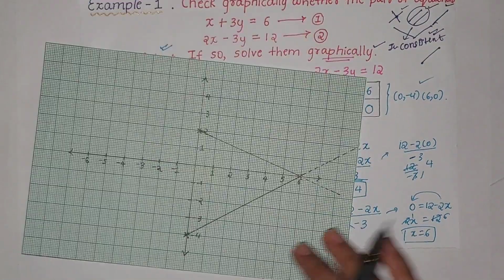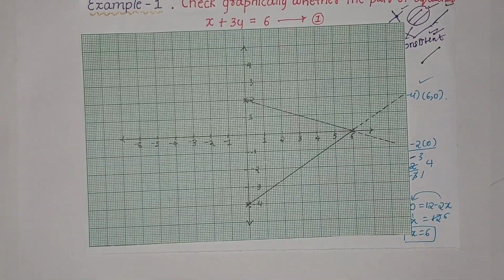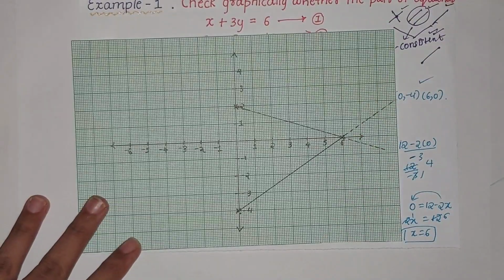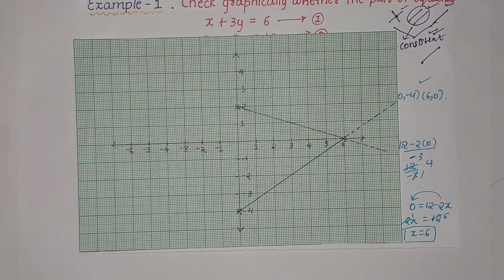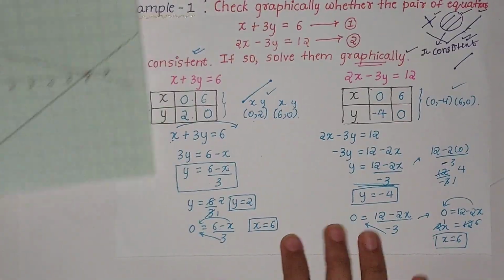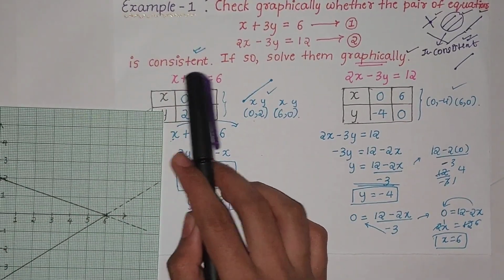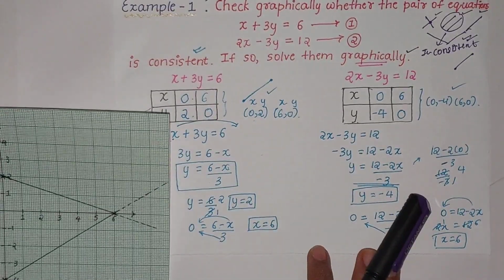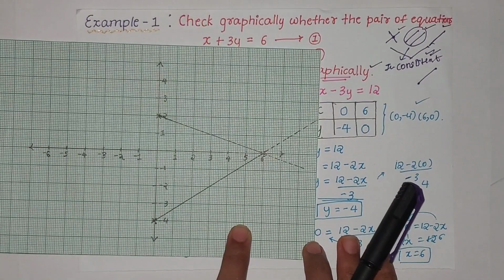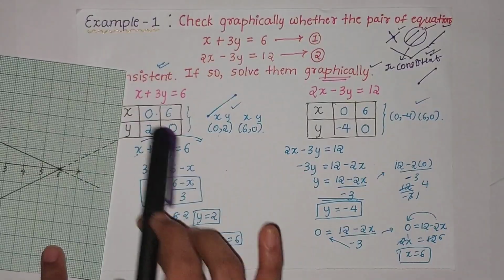Now can you tell what type of lines these are? Yes, it is intersecting lines, isn't it? Which means you have a unique solution here, which will satisfy the equations. And yes, we have found that it is consistent. The equation is consistent. So we have solved it graphically, and we have also plotted everything.